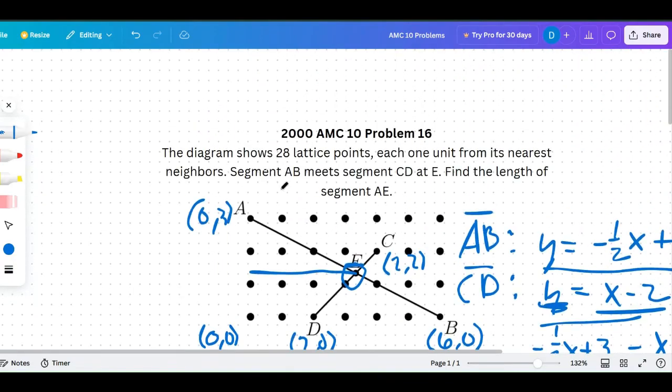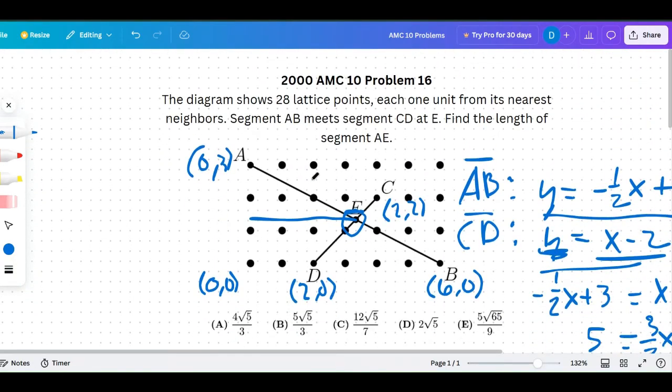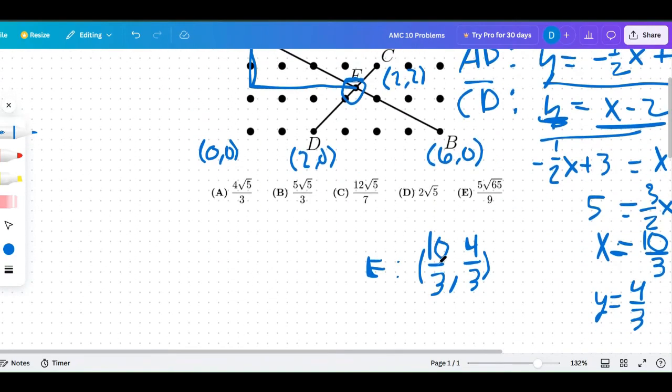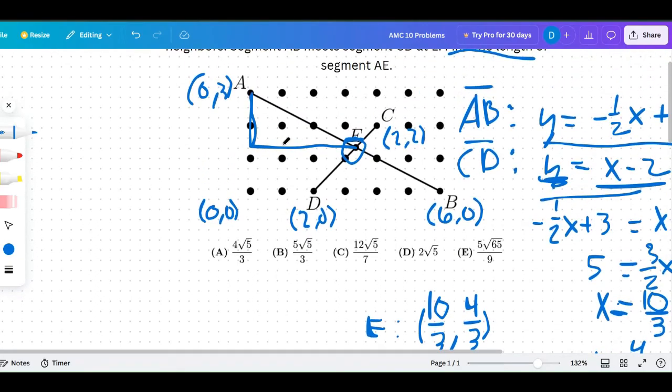because we already found the coordinate of E and we have the coordinate of A right here, or we can use a right triangle. If you didn't memorize the distance formula, we can use a right triangle and the Pythagorean theorem.